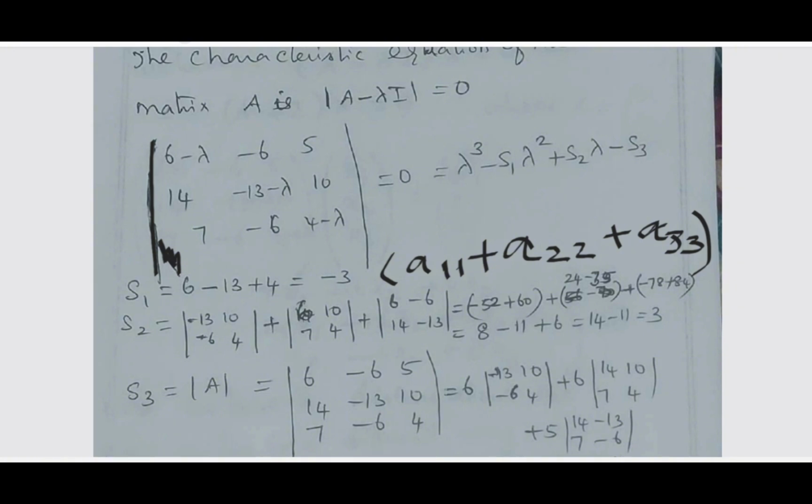Now the second one, S2, is as usual the sum of the minors of the leading diagonal elements. For the first leading diagonal element, you delete the respective row and column, and I have written minus 13, 10, minus 6 and 4.